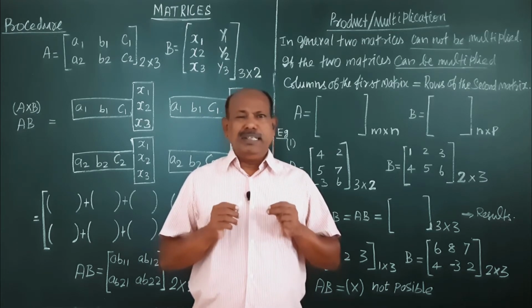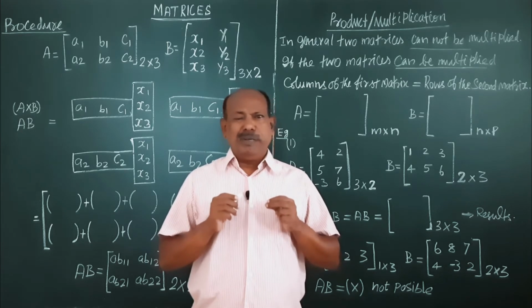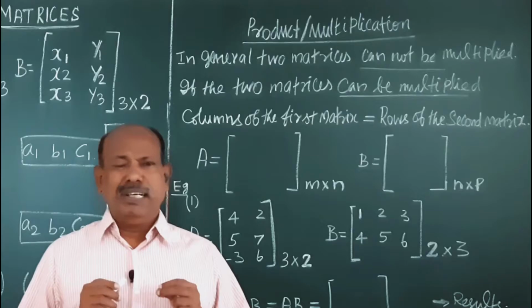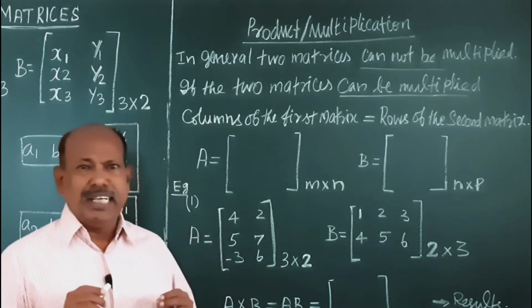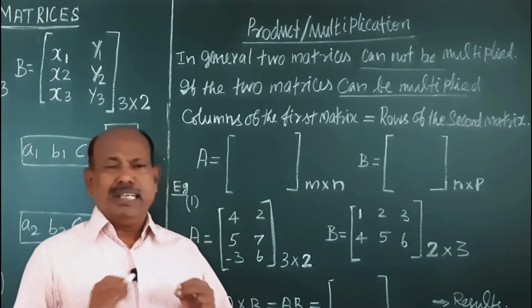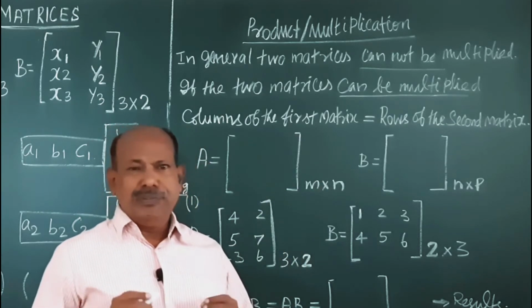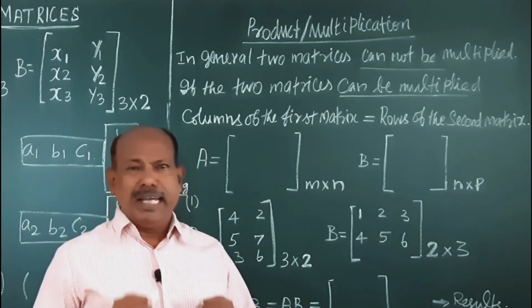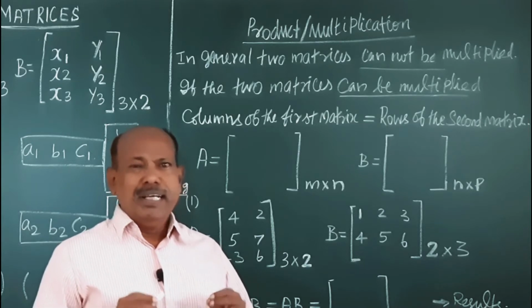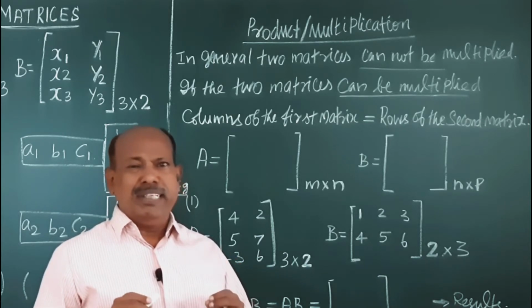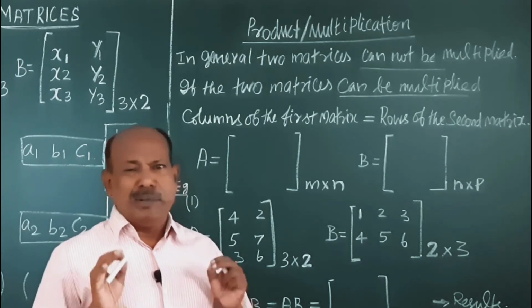Let us see the meaning of multiplication of matrix. In general, two matrices cannot be multiplied. Two matrices can be multiplied if the column of the first matrix is equal to the row of the second matrix.